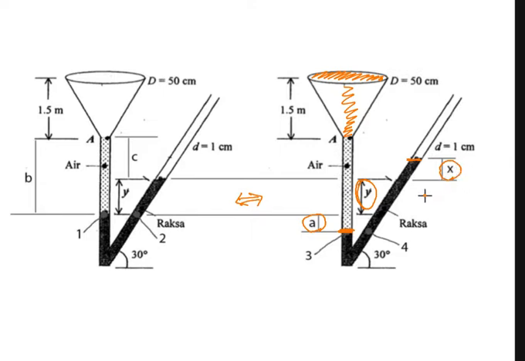We cannot simply say that the distance of A here is equal to x, because in this situation the decrement is in vertical, but the increment here is inclined at a 30-degree angle.